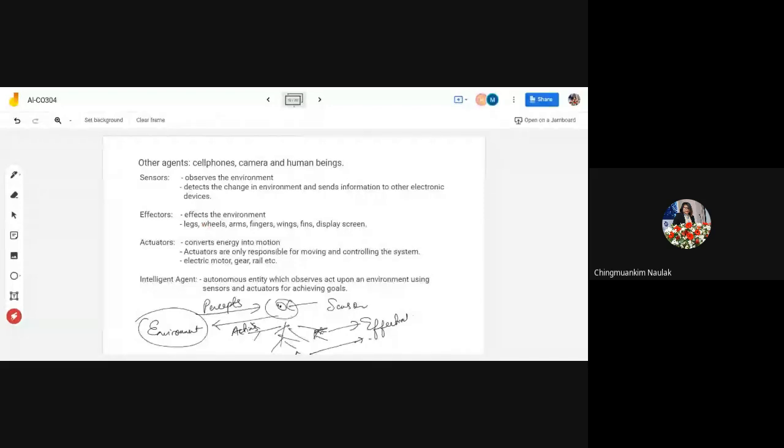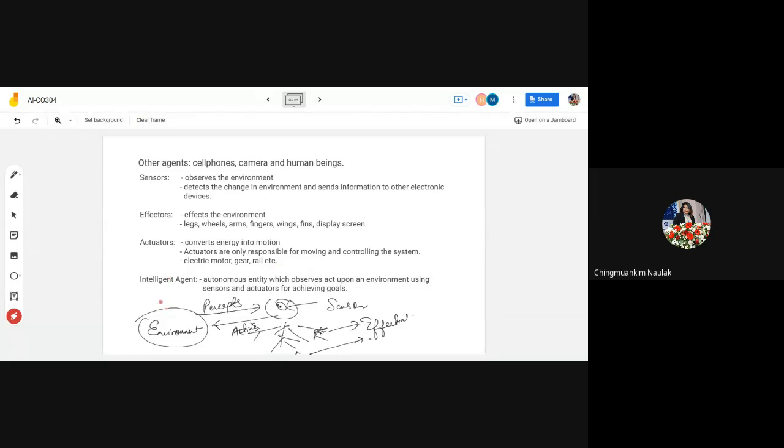Effectors can be legs, wheels, arms, fingers, wings, fins, and a display screen. Actuators, as I have said, are what you act upon the perceived environment with. So a sensor is perceiving and an actuator is acting upon it. The work of an actuator is to convert energy into motion, and actuators are only responsible for moving and controlling the system. You have actuators such as electric motor, gear, rail, and many others.